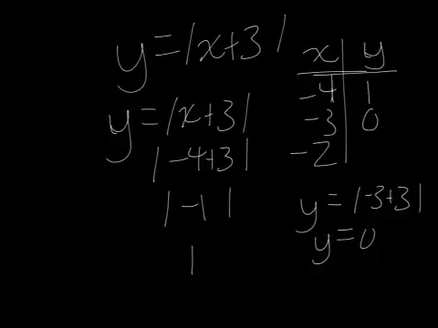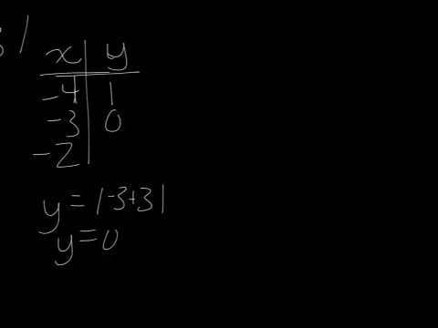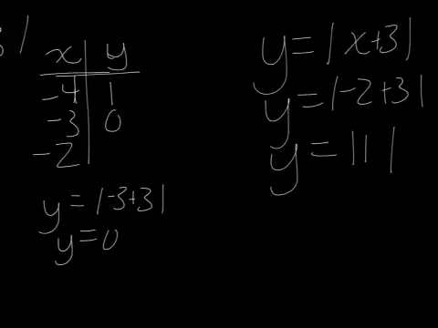If I put in negative 2, I'm going to get y equal the absolute value of negative 2 plus 3, which is a positive 1. And the absolute value of positive 1 is just 1. So I have points at negative 4, 1, negative 3, 0, and negative 2, 1.